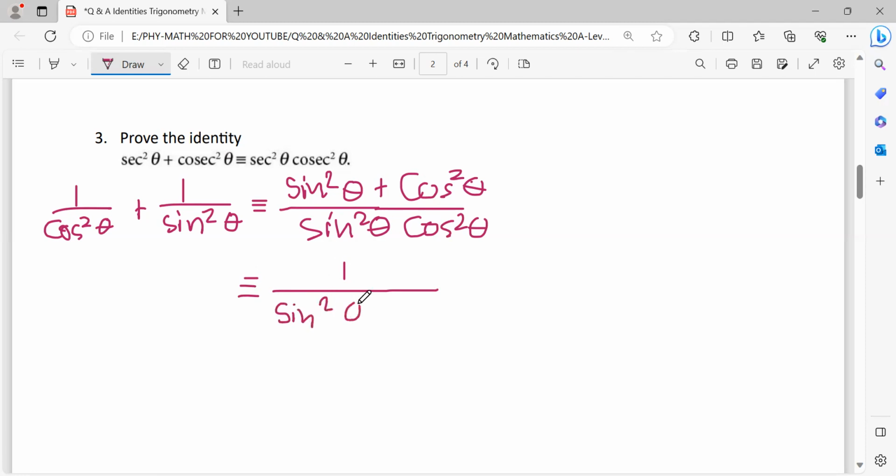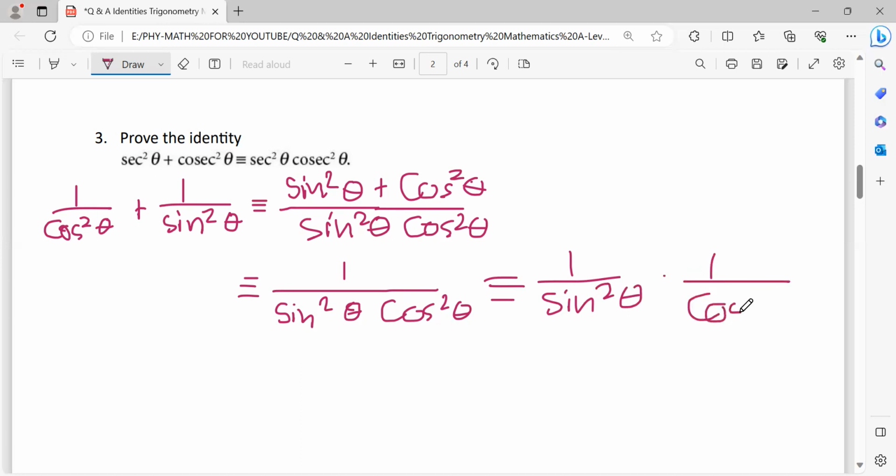So 1 over sine theta squared times 1 over cos theta squared.